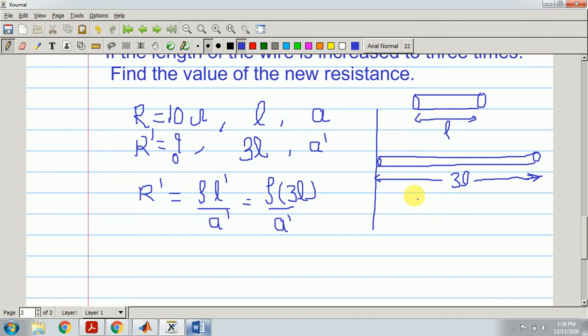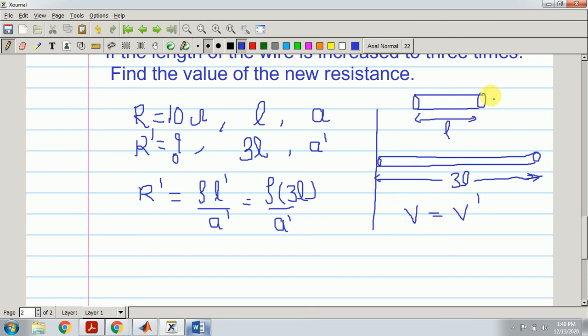Ultimately, in any solid material, the volume will remain unchanged, right? Because we are modifying the previous conductor, and we are getting an increased length of that previous conductor. So the volume will remain constant, so volume will be volume dash.